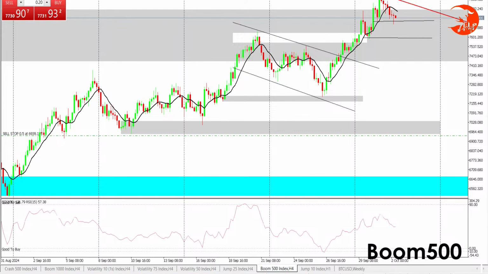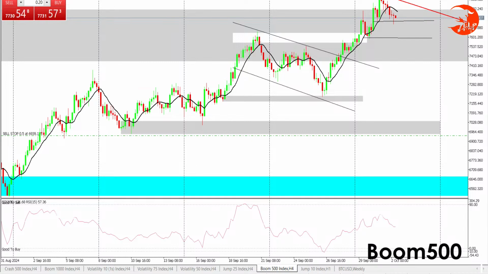So like I said yesterday, until it breaks this level here, this one we have to wait. If it breaks and gives us a retest, then we have an entry. But if it breaks just like that and there's no retest, please don't enter it.